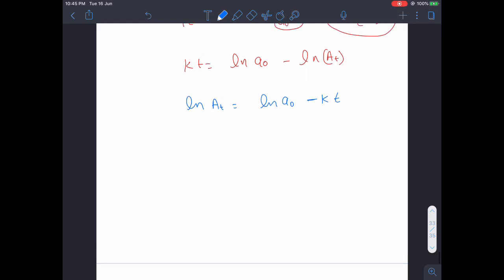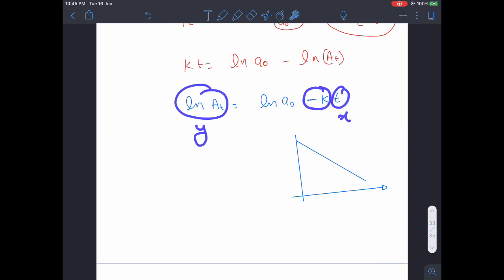Now guys, how would it look like? You can see it is just a straight line. The intercept will depend on the value of a naught. Let us consider a naught is greater than 1. In that case it will be positive, so the graph will look like this, because this is nothing but y and this is x.